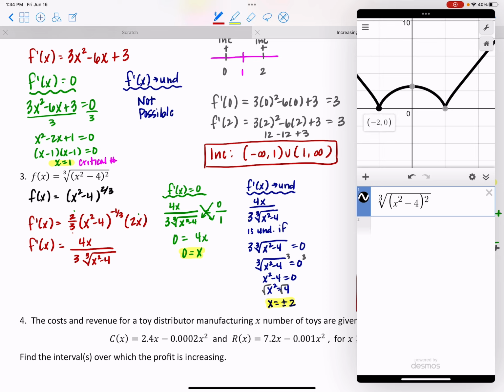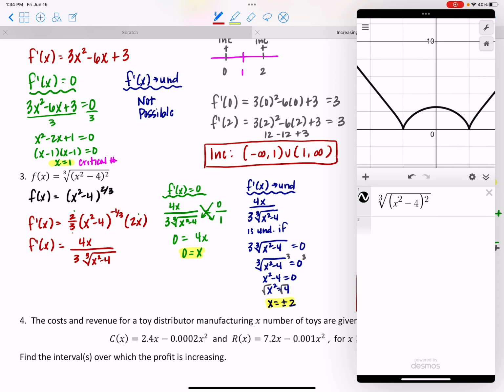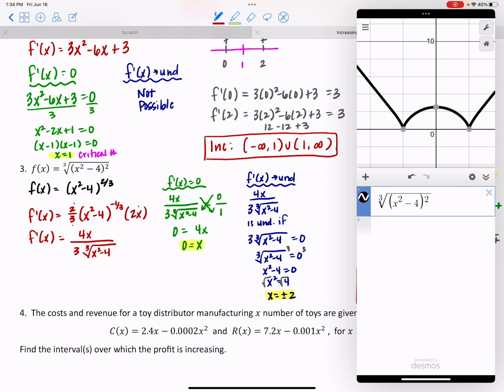So at negative 2, I'm going to have undefined, that spike in the graph there is not a defined place for us to find slope. Same thing happening at positive 2. And over here at 0, we're going to have that turning point, that flat slope. So the critical numbers that I got there, I can see those on the graph now. And if I was reading this behavior, we are over here decreasing and then increasing till we get there, then we're 0, then we're decreasing, and then increasing. So the same behaviors that I said here, those are happening on the graph.